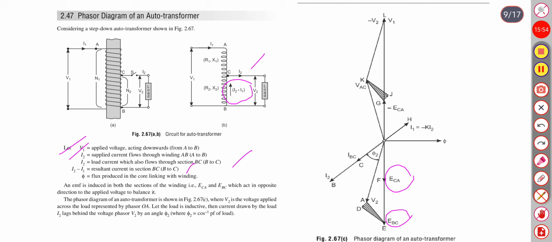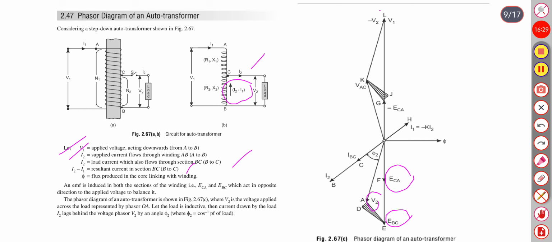The phasor diagram of an auto transformer is as shown, where V1 is the voltage applied and V2 is the voltage applied across the load, represented by phasor OA. Here in this circuit, this is V2 represented by OA.